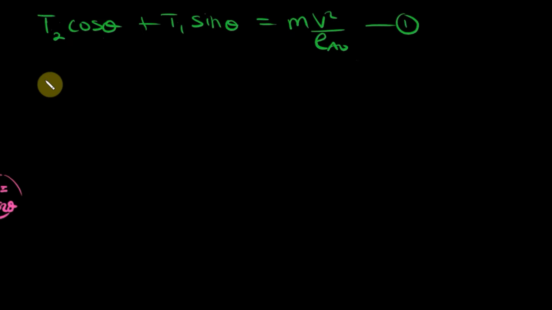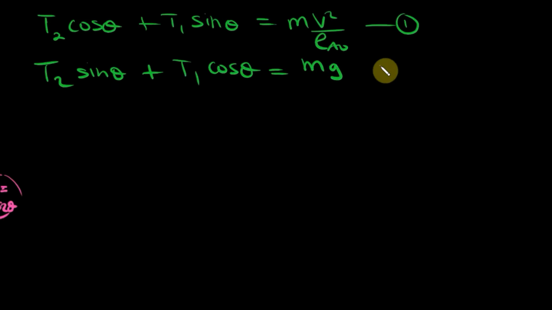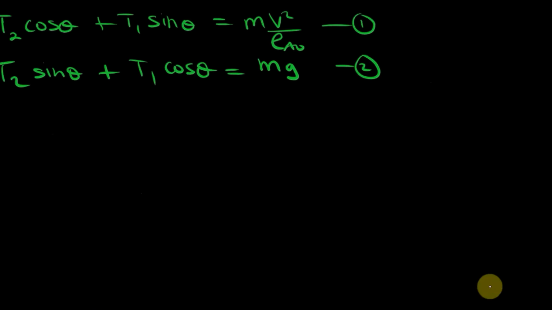This was equation 1. Equation 2 was T2 sin theta plus T1 cos theta is equal to mg. This was equation 2. Now multiply this one by sin theta, and this one by cos theta.